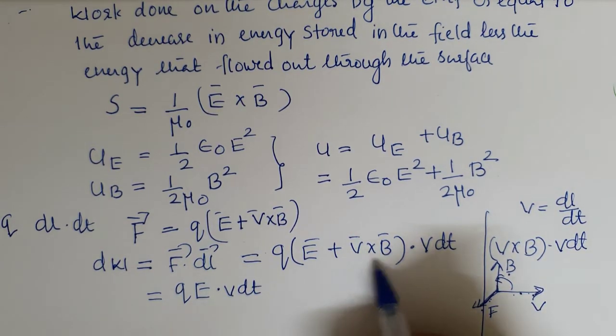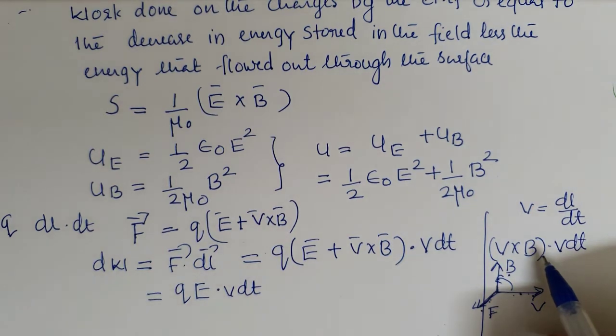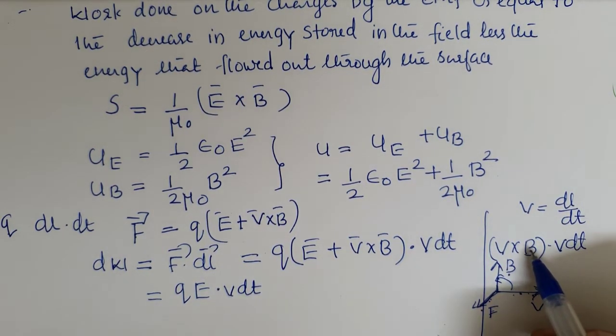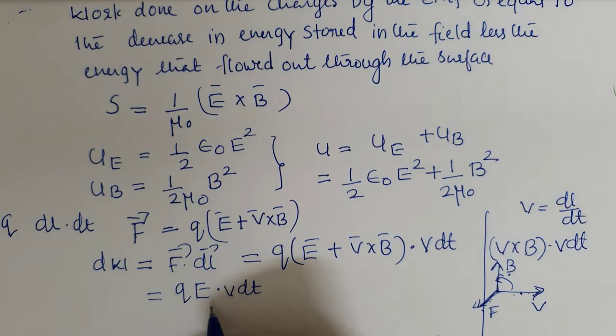So this term, V cross B dot V dt, will be 0. That is, the magnetic force does not do any work. So this will give dW equals Q E dot V dt.